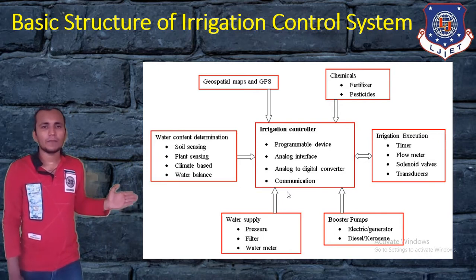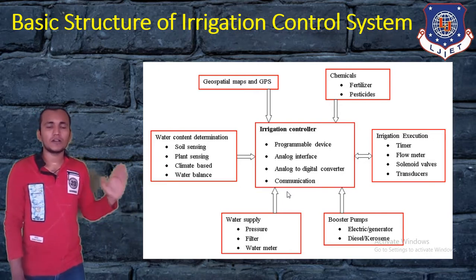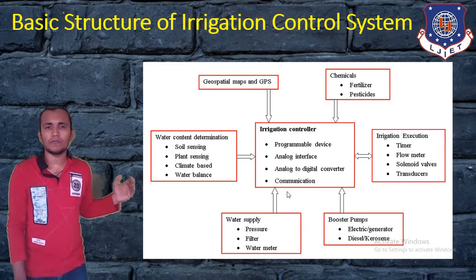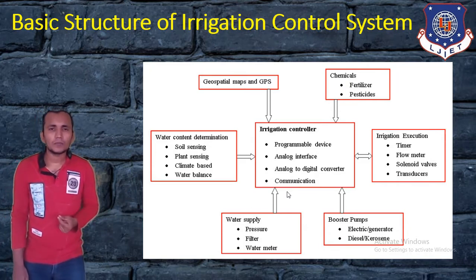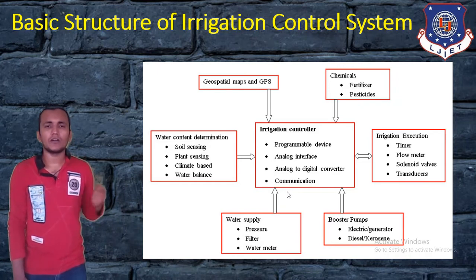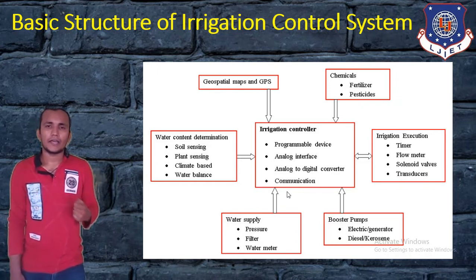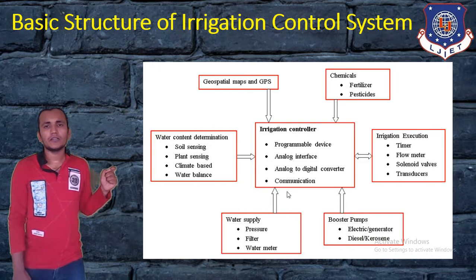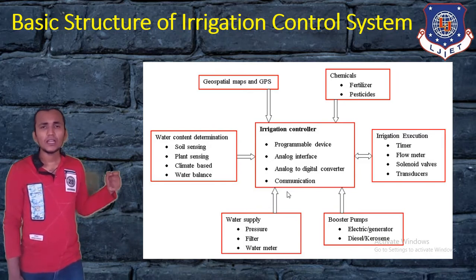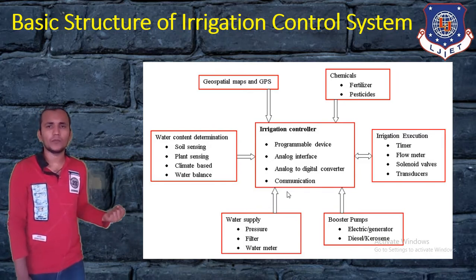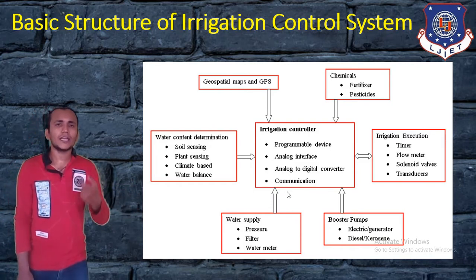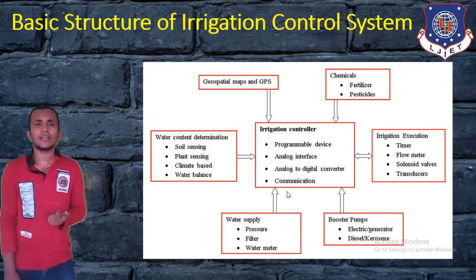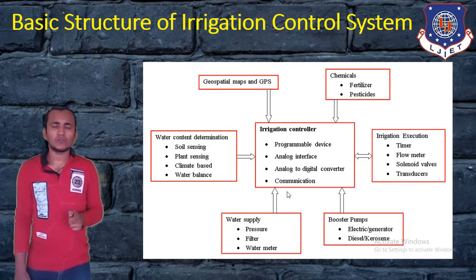Then water supply by using filters, pressure and water meter. Then pumps driven by an electric generator or by diesel or kerosene. Then irrigation execution by timers, flow meter, solenoid valve, transducer, chemical use, and fertilizer. So those are the different parts required in an irrigation control system.